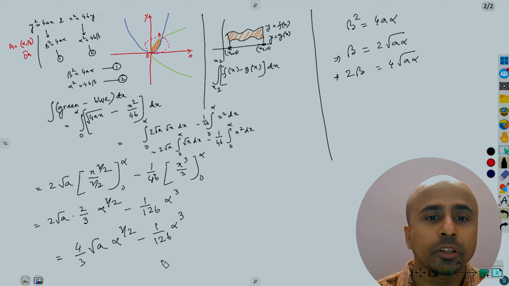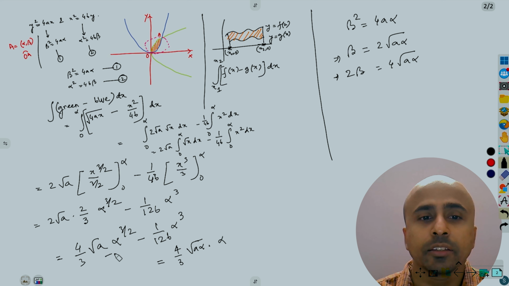So from here we can write this as 1 by 3 root a alpha times 4. We can write this thing in this way, right? So we obtain 4 root a alpha is equal to 2 beta. So this is 2 alpha beta by 3. Yes, this is 2 alpha beta by 3, and this is from 1.